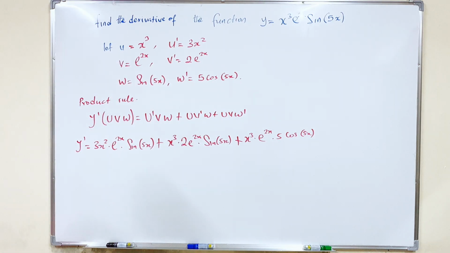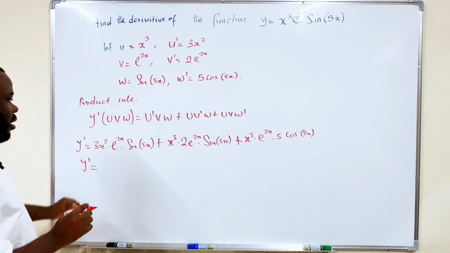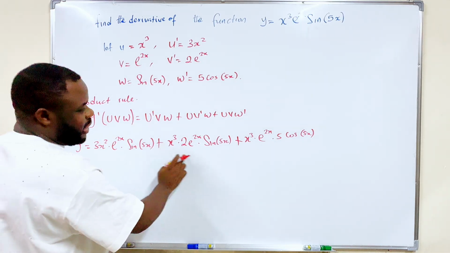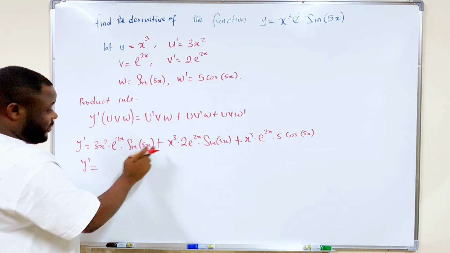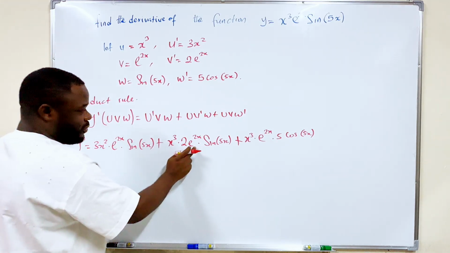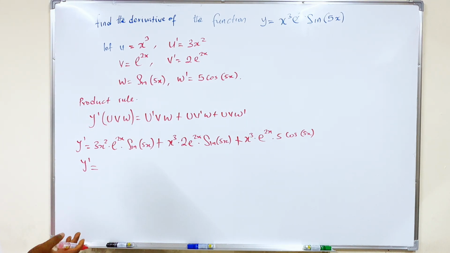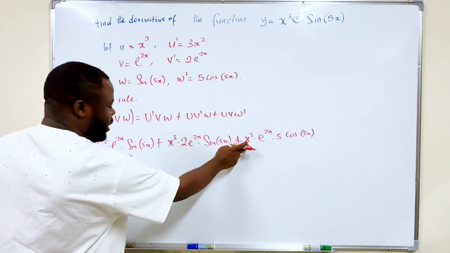And we just simplify. So our y prime will now be: we have 3x squared here, x cubed here, x cubed here, and e to the power of 2x in every term. So you can bring all those together, and here you have x squared, x cubed, x cubed.